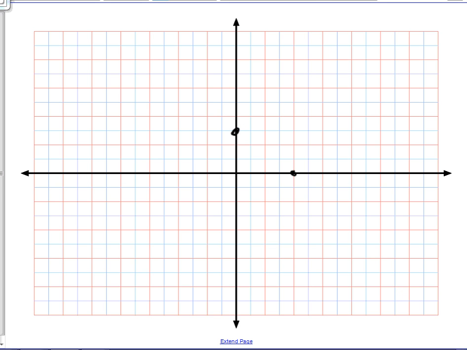And then I'm going to be able to graph my line between these 2 points. And there you go. All right, we'll do one more example together, and then that'll be it.